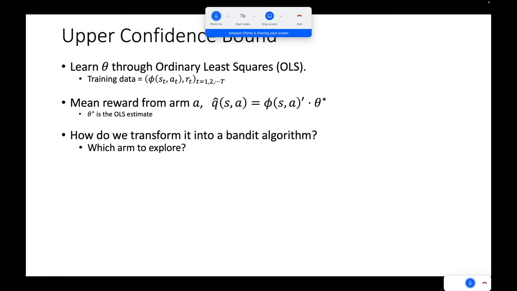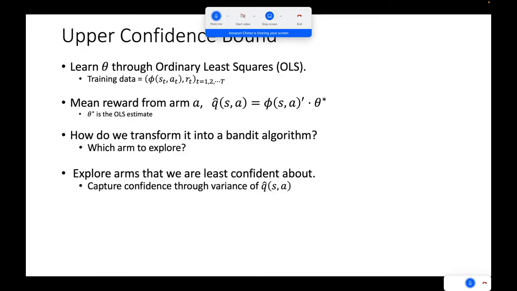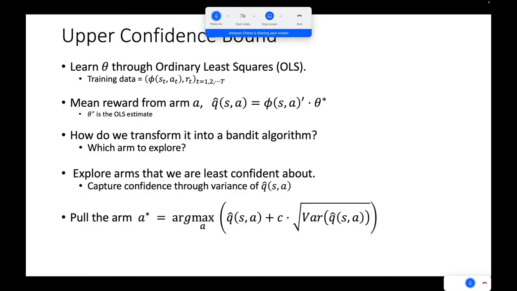But now it is no longer different from a supervised model. So how do we convert it into a bandit algorithm? How do we explore? In order to do that, we need to define the UCB of each arm.